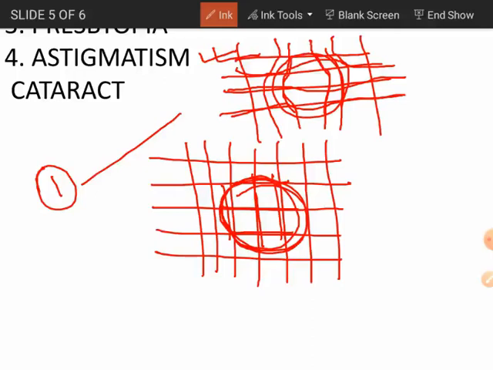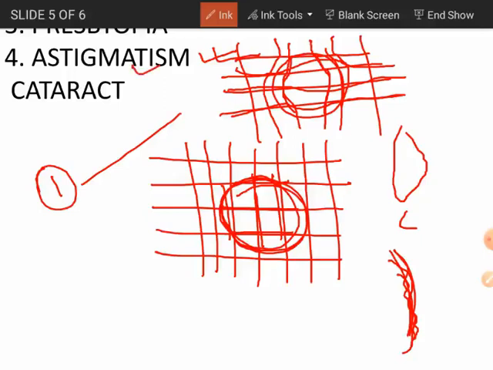If there is irregular curvature in the eye lens like this, then such a distorted image will be formed. This is about the lens, and the retina should be spherical in shape, but if there is irregular curvature of the eyeball, the retina may also be curved. Due to this, an irregular or distorted image will be formed, and that we call astigmatism.